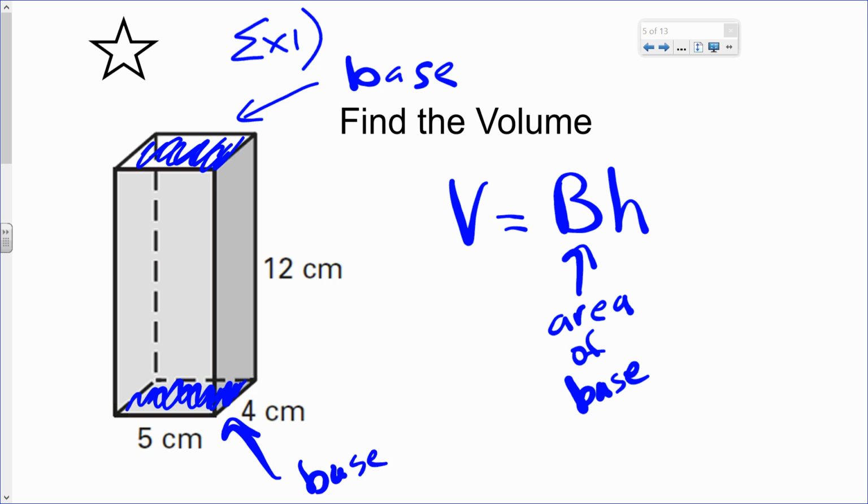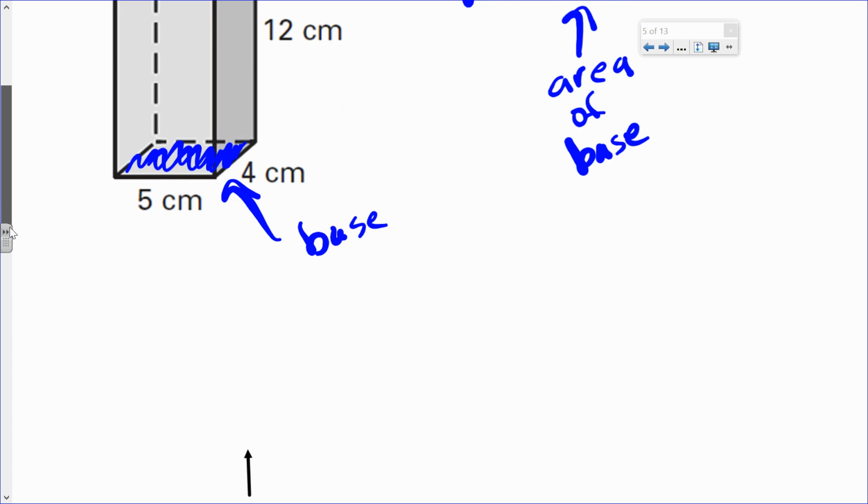Capital B means the area of one of those. You take your pick, the top or bottom one. Just find the area of it. That's what capital B means. So the top rectangle or bottom rectangle are the same. Those are the bases. Capital B says find the area of one of them. Cool. That's easy. We know how to find the area of a rectangle. You can do that in your sleep by now. Let's do it. Watch.